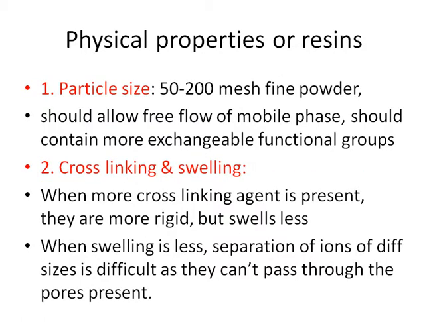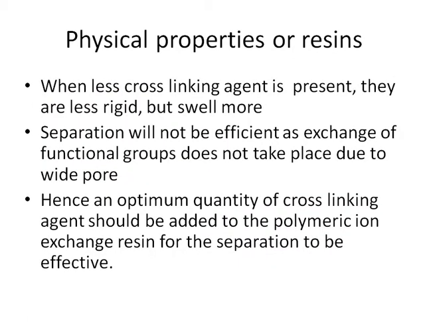Physical properties of resins: particle size will be 50 to 200 mesh, with fines and powder, and cross-linking and swelling. When more cross-linking agent is present, the resin is more rigid but swells less. When swelling is less, separation of ions of different sizes is difficult, as they cannot pass through the pores.